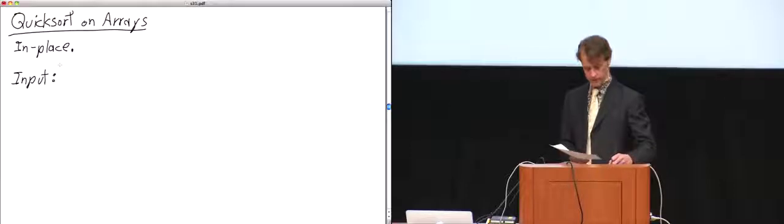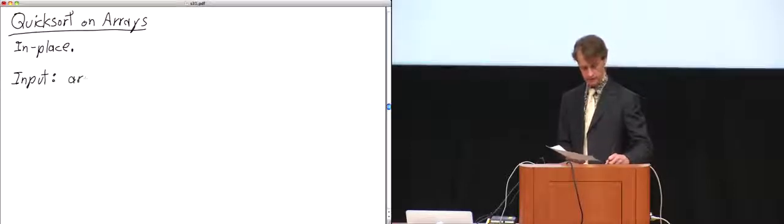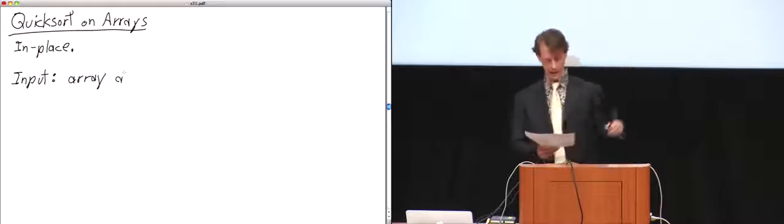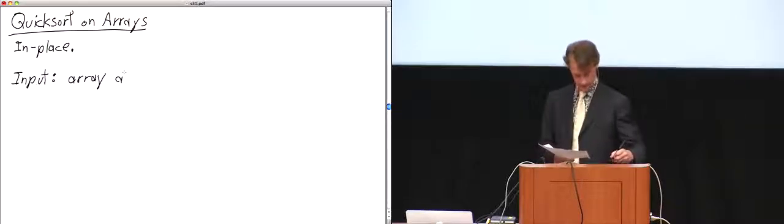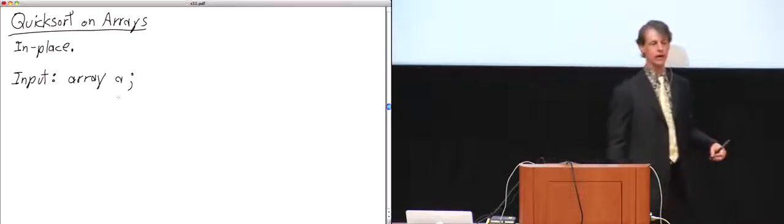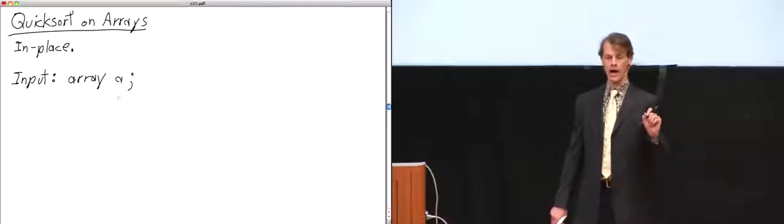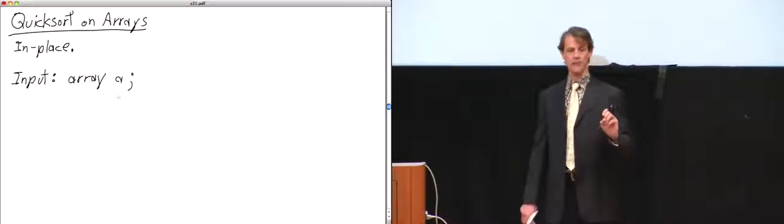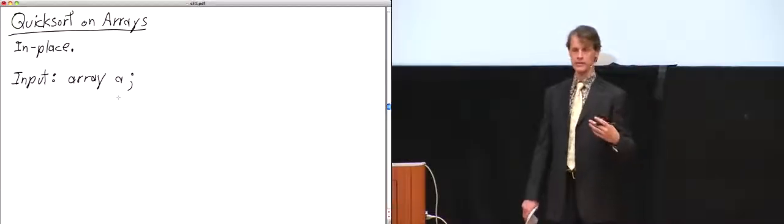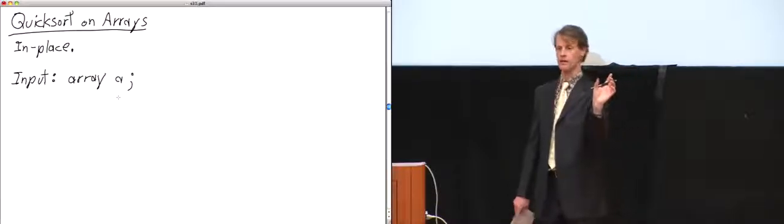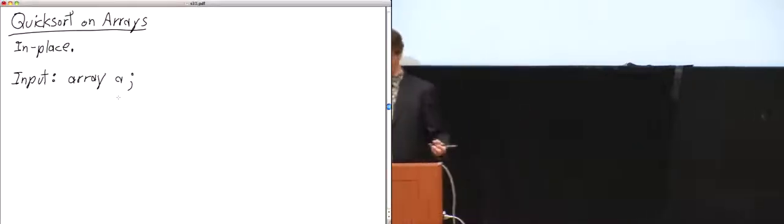Our input to our code today, our quicksort code, will be an array that I call A. And because quicksort is recursive, and I want to do recursion on this array, I have to be careful about that. I want to write my quicksort in such a way that I can tell it to just sort part of the array and not sort the whole array.